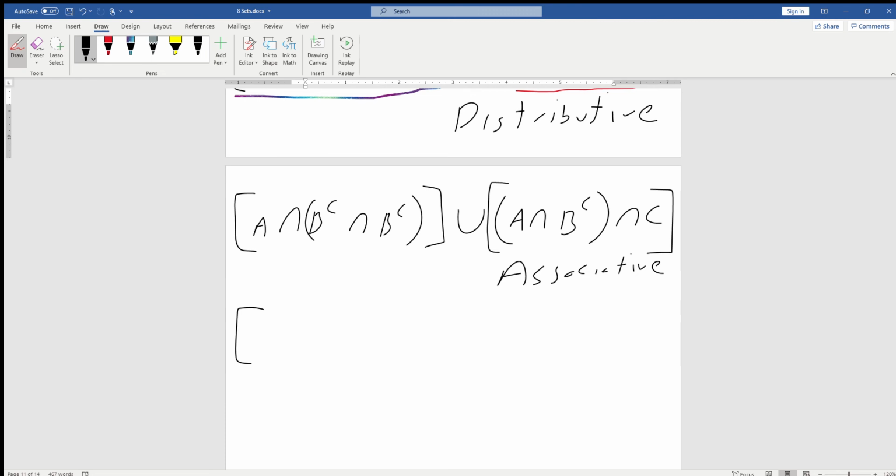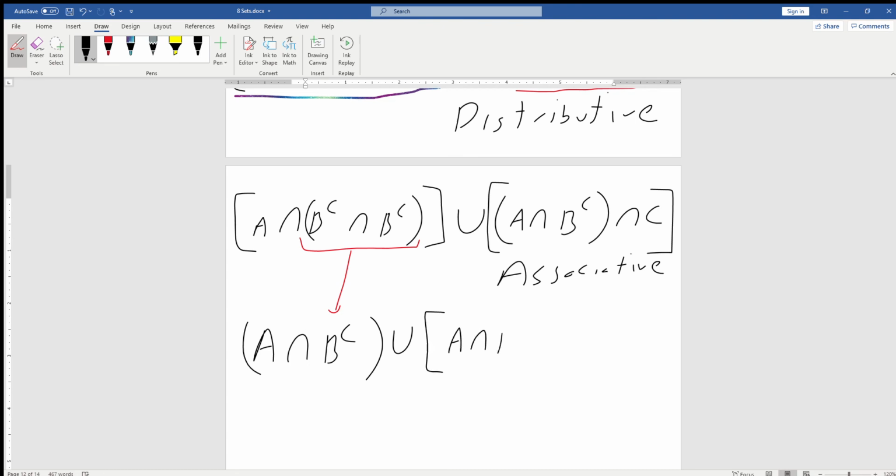I'm going to rewrite this, and we just have A intersect B complement, in parentheses, union A intersect B complement intersect C. So that's idempotent.